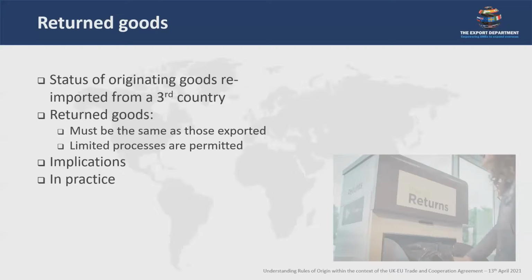So it has made returned goods more complex because in the past, we wouldn't have had any of this. The goods would have been returned, and that would have been it. But now they're subject to declarations and potentially import duty and VAT if we can't prove the premise for their re-import, if that makes sense.